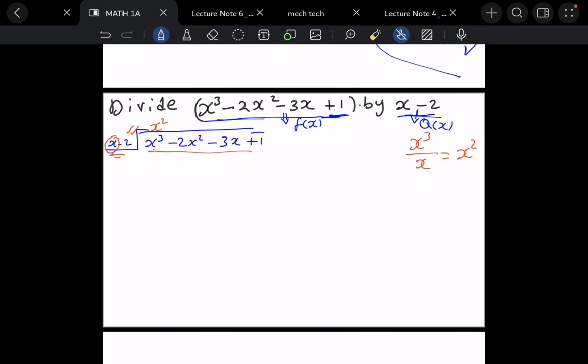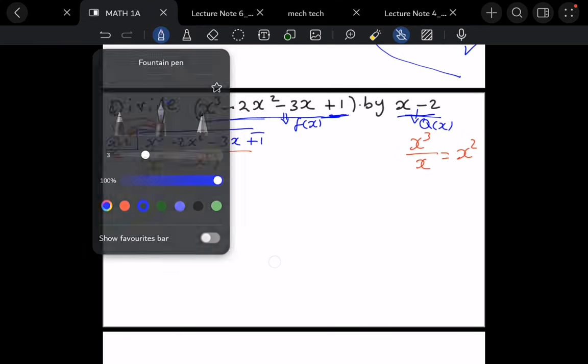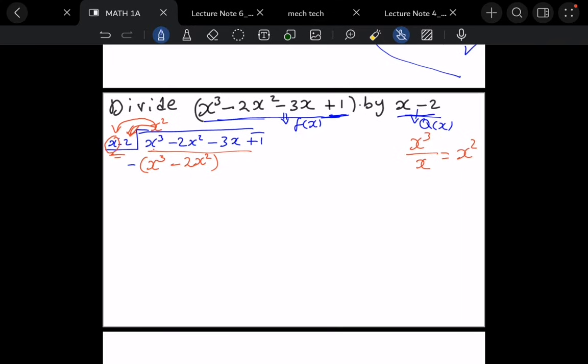Then take this x squared and multiply it by x and also by negative 2. So I'm going to have x squared times x, which is x cubed, and x squared times negative 2, which is negative 2x squared. If you are done doing that, put a bracket over there and a negative sign in front and close off this transaction.